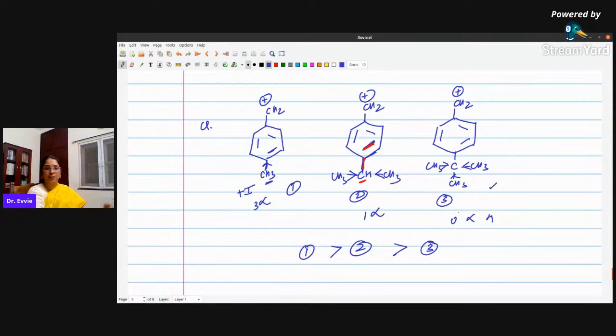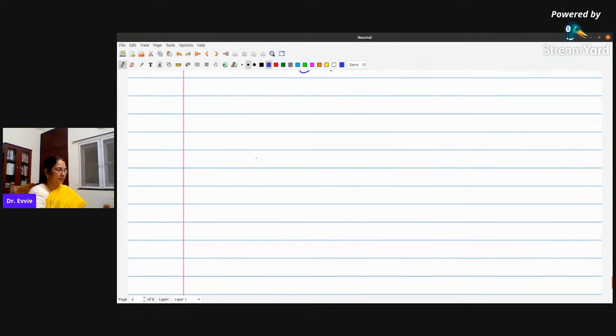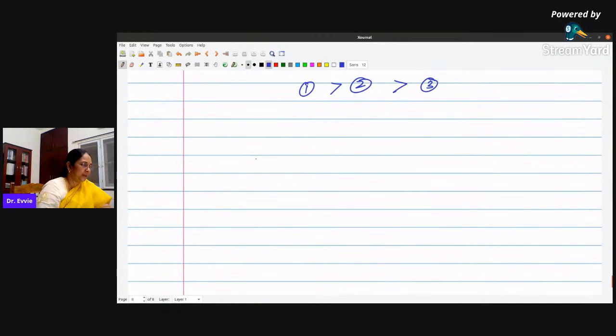Now the last question on inductive, this carbocation. Let's do that, then we will go to the next topic, rearrangements. This also I told you in the last class about the resonance. So please check that.